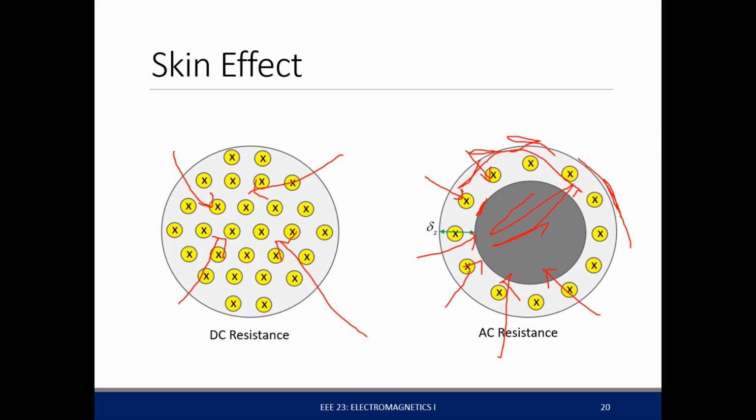Effectively, some chunk of the conductor is not utilized by the electrons. The effective resistance of our material actually increases.